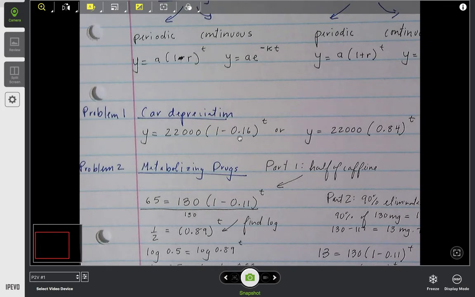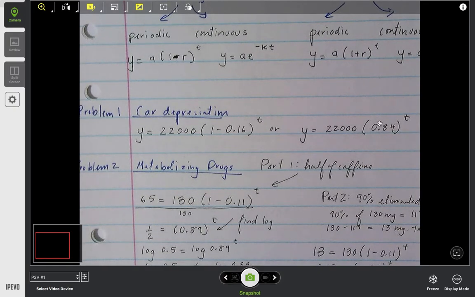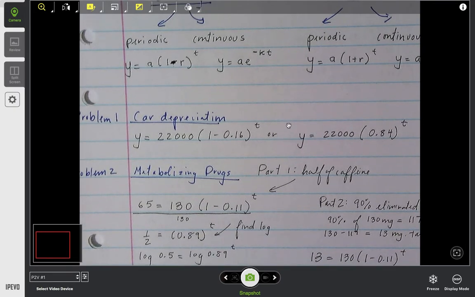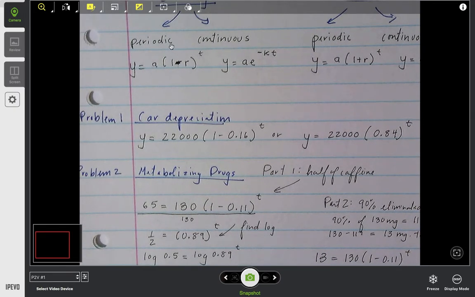It loses 16% of its value on a yearly basis, meaning that what's really happening is you keep multiplying the initial value of the car, that $22,000, by about 84% for however many years you own the car, or for however many years have passed since the car was new. So this example illustrates what it means to have some periodic decay. The value of something is decreasing over the course of time at regular intervals.